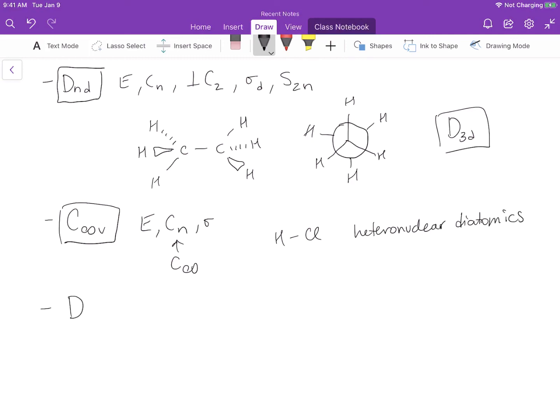We also have D infinity H. So these are for linear molecules. So if you have a linear molecule, always check this first. So C infinity, perpendicular C2 now, since it's a D group, H, V, and I. So for example, CO2.